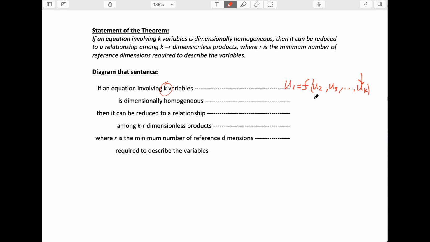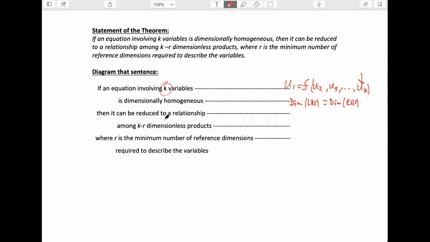Now I'm not saying they're all used, these are just placeholders. If it's dimensionally homogeneous, what does that mean? Well, it means that the dimensions of the left-hand side of the equation have to equal the dimensions of the right-hand side. Seems a little redundant because in physics equations that's always the case, or otherwise it's a bad equation.